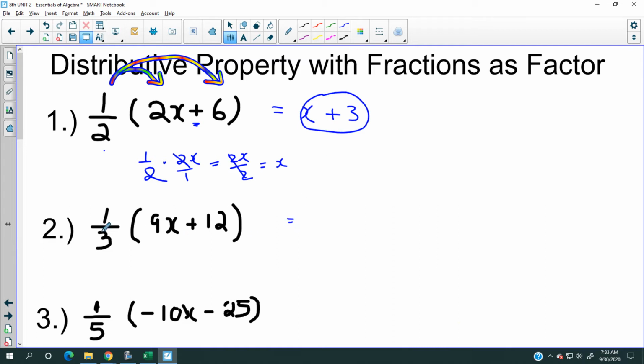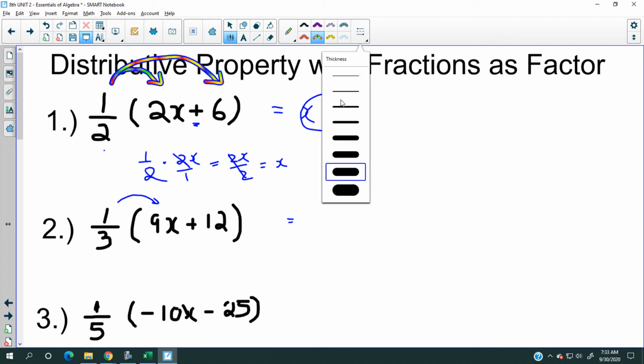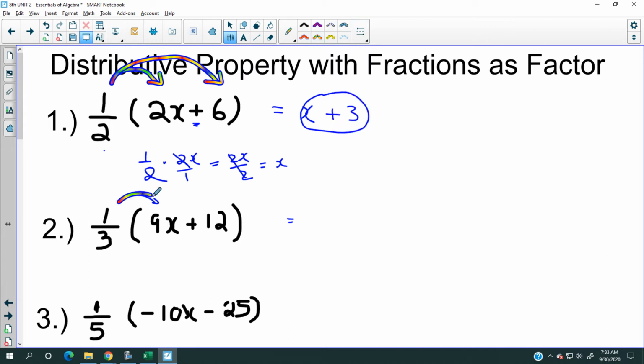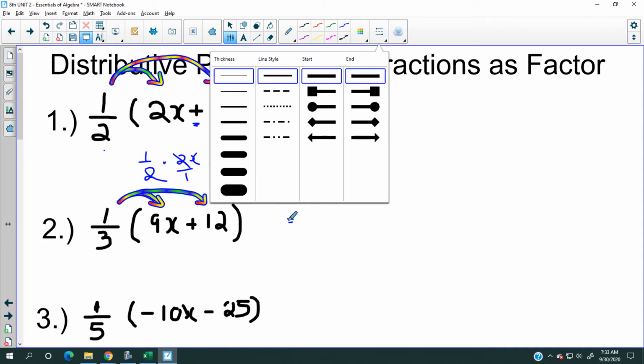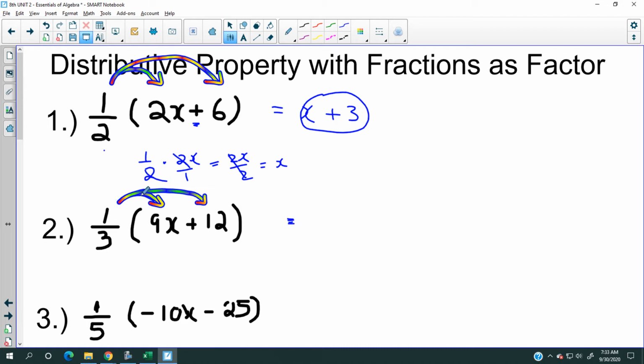Let's try another one. 1/3, oops, that's my fault for not using the double rainbow pen. If you were in class, I'd let you come up to the board and do this. I know you're old, sophisticated 8th graders, but no one has ever looked at a rainbow pen and not wanted to use it in class.